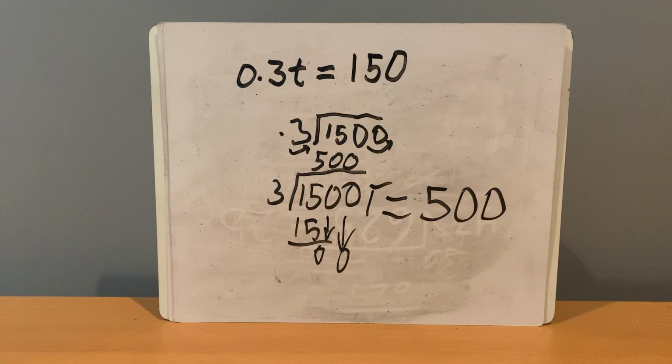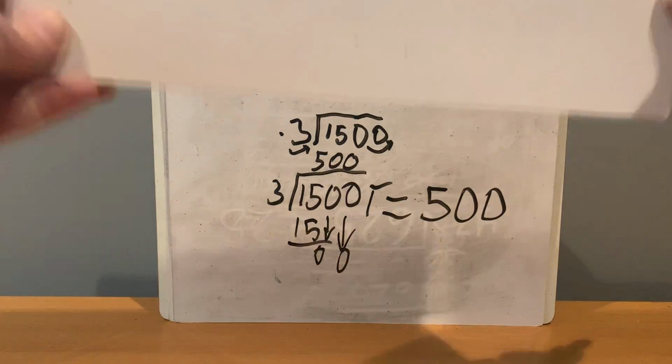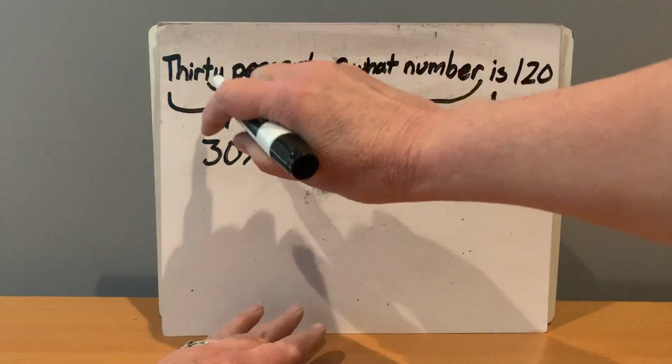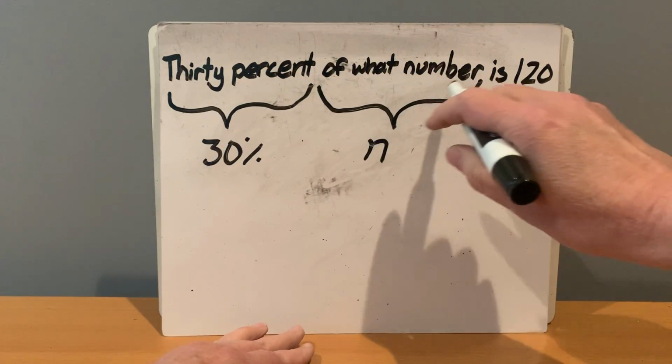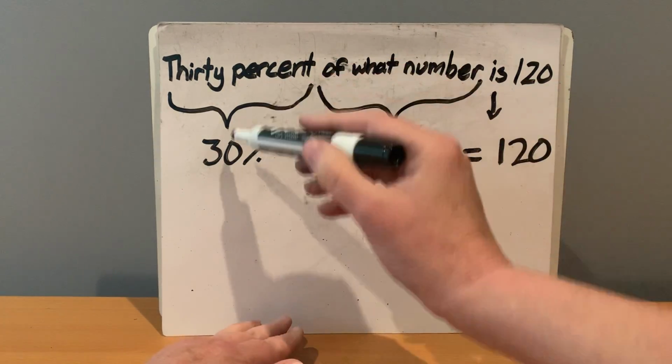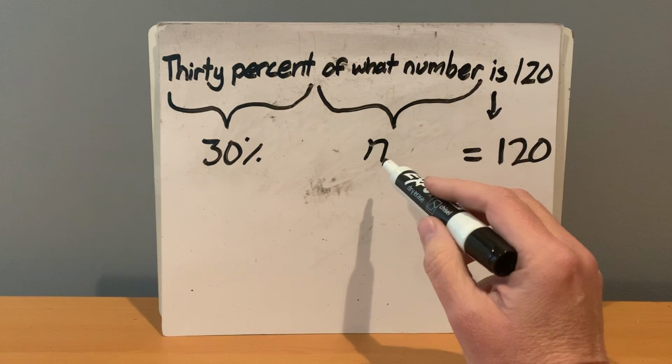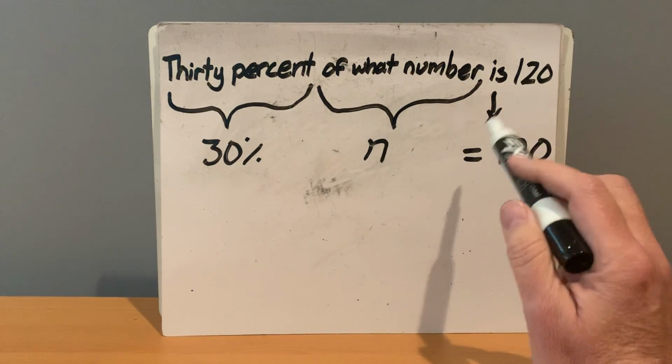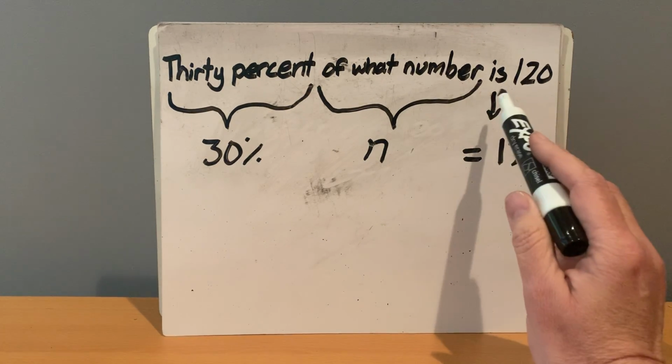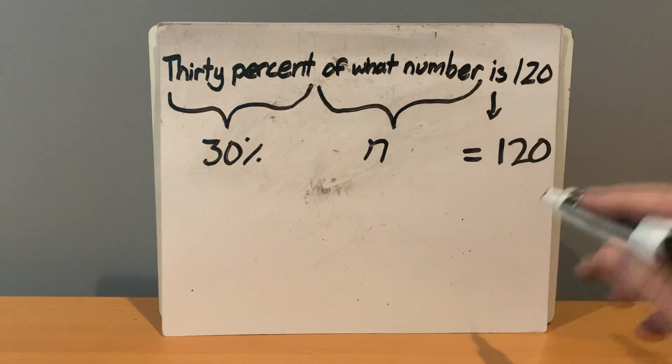Now we're going to practice a couple of times. We're told that 30% of what number is 120? So 30% of what number is 120? 30%, we're going to use N to represent the number, equals 120. And you remember is means equal.